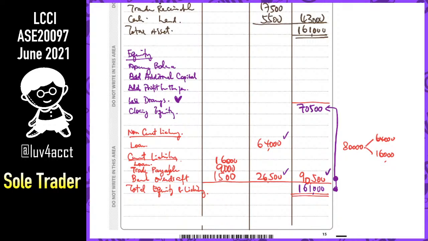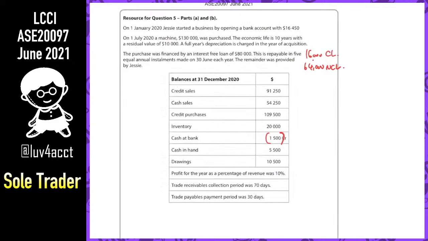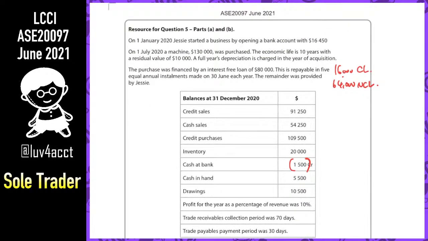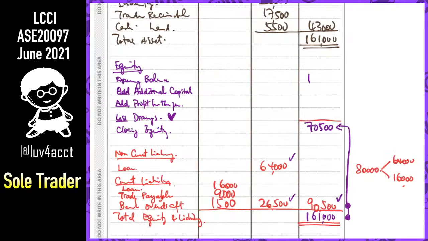So opening balance, we are told that Jessie started the business with 16,450. Additional capital, we have how much? 13,000, 8,000, we have 50,000.